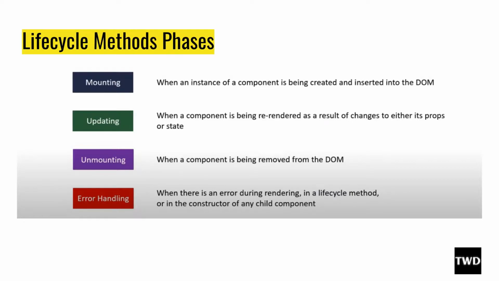The first two, mounting and updating, are more important, and you will see them in almost all React projects. Unmounting, sometimes we see, and sometimes we have to give some methods here. But error handling I have not seen much in any React project; most of the time I have seen mounting and updating only. Unmounting also in some cases I have seen in production level projects.